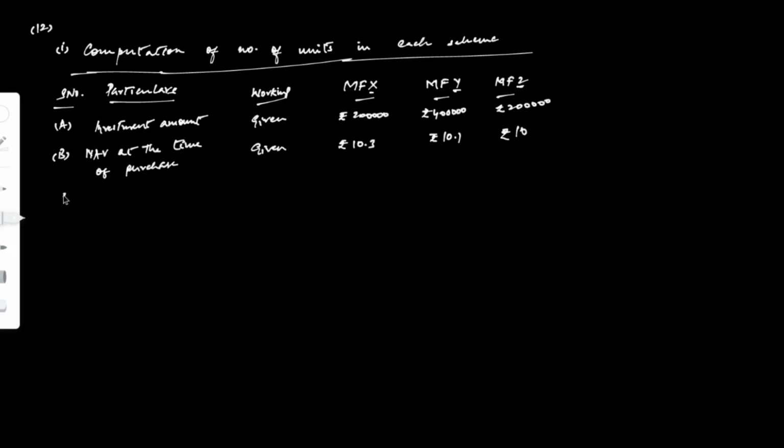Investment amount divided by NAV at the time of purchase gives us the number of units purchased in each scheme, that is A divided by B. 2 lakh by 10.3 is 19417 approx. 4 lakh by 10.1 is 39604 approx. 2 lakh by 10 is 20,000.